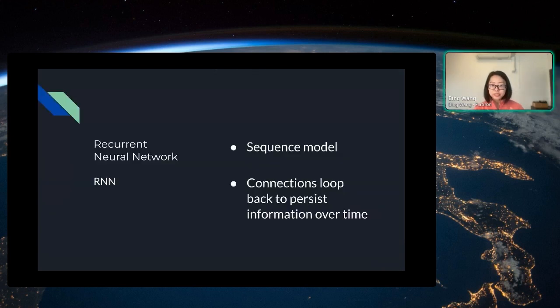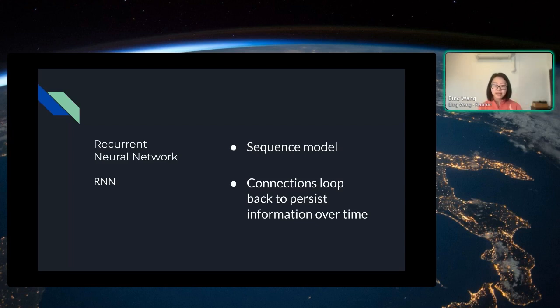And the second type of very commonly used neural network is called a recurrent neural network. That is designed to analyze sequences of data where order matters. For example, language is a sequence of words, right? And on top of that, the order matters.